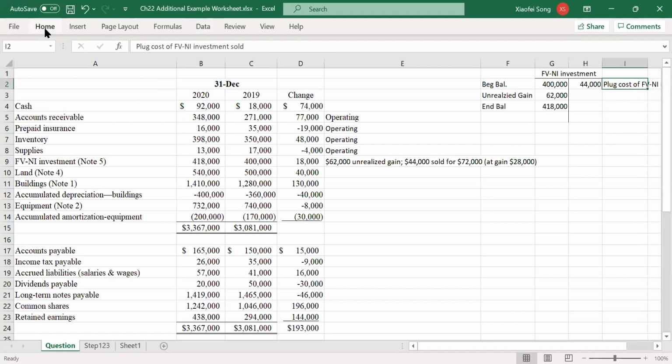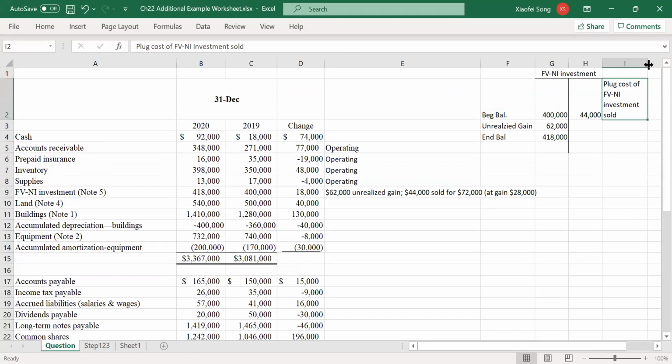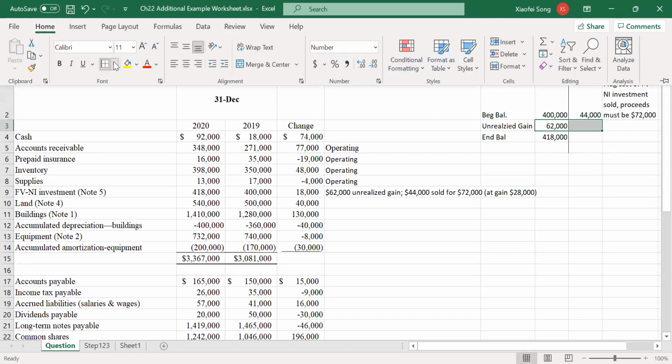And we also know the proceeds must be 72,000 because we were told there is a realized gain of 28,000. Okay. So that explains the change in this account.